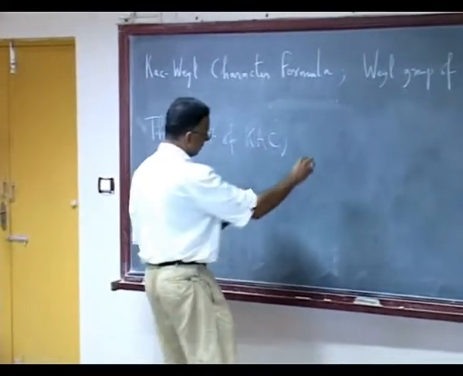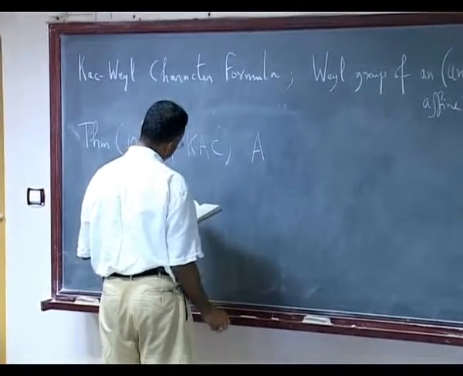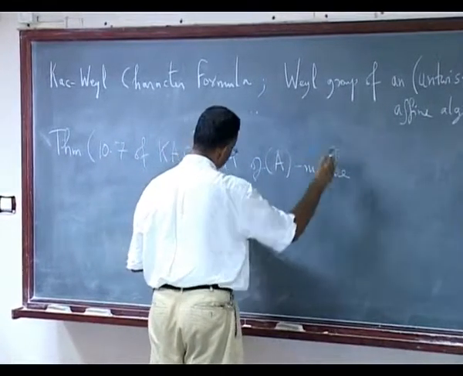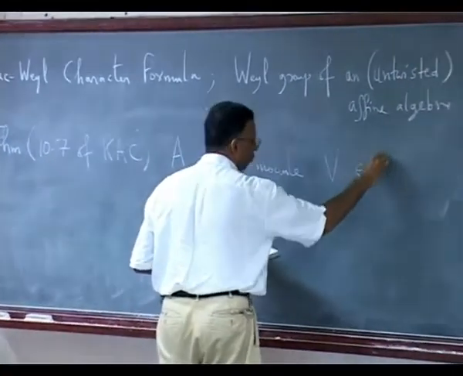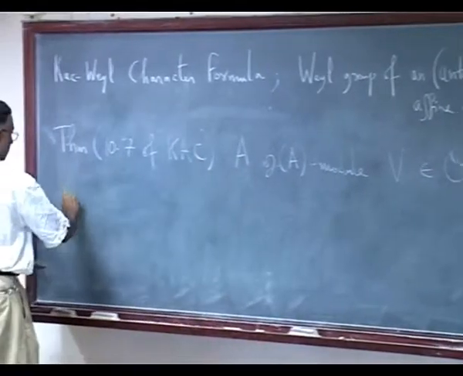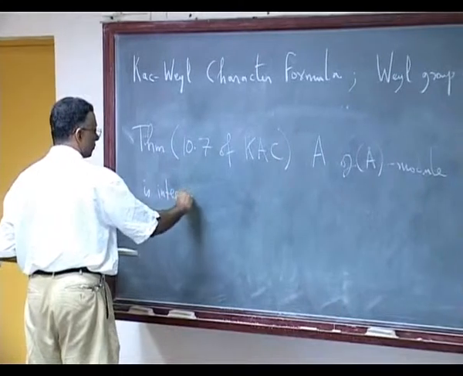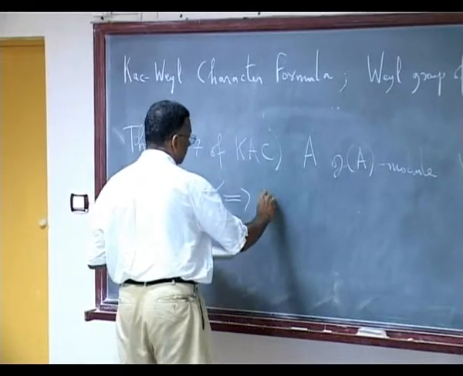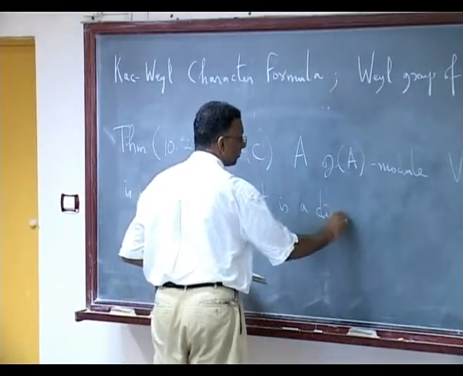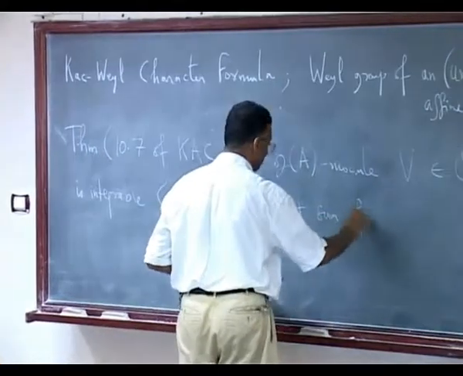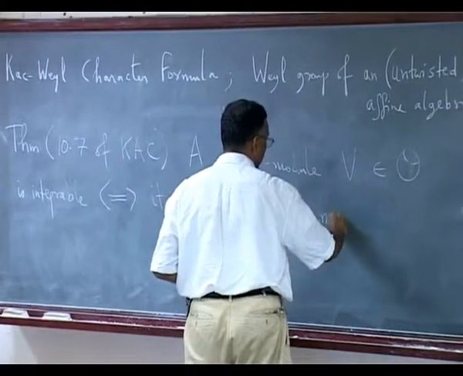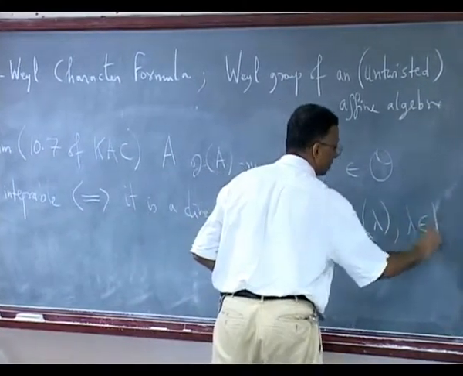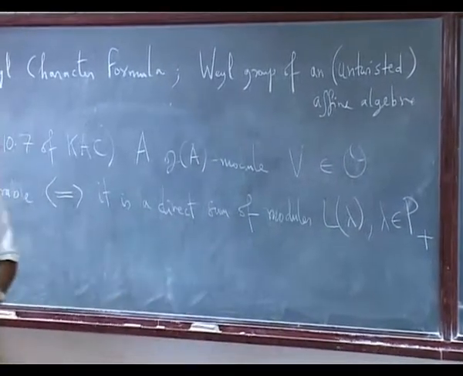It says a g(A) module V in O is integrable if and only if it is a direct sum of irreducible modules L lambda, where this is the notation for dominant integral weights.